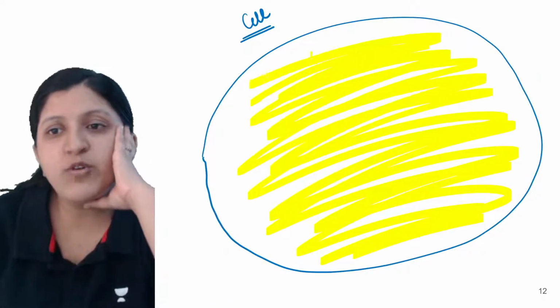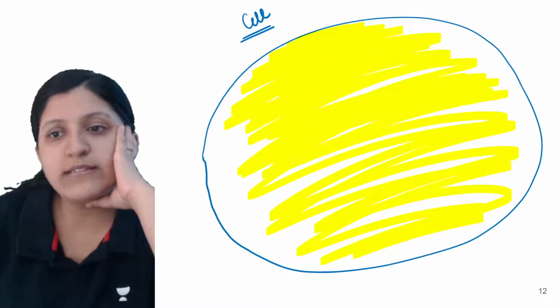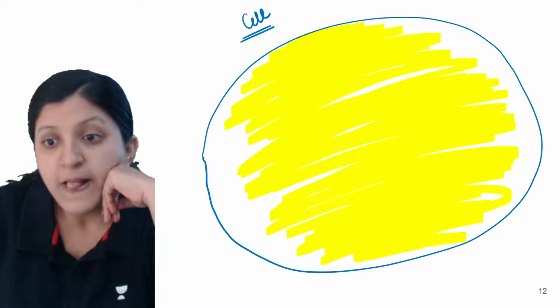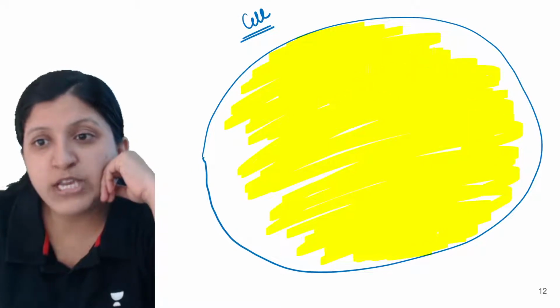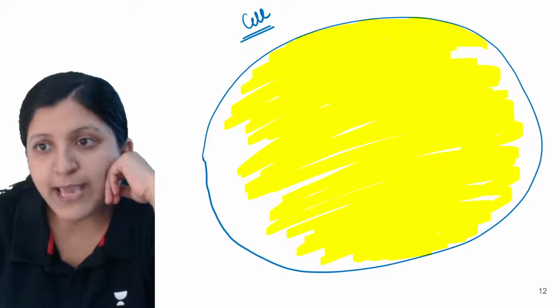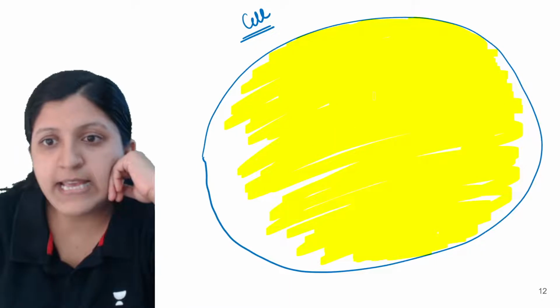Now when we mention cytoplasm, you can see the formation of glucose to pyruvate, that is the glycolysis process. You can see that will occur here itself in the cytoplasm.